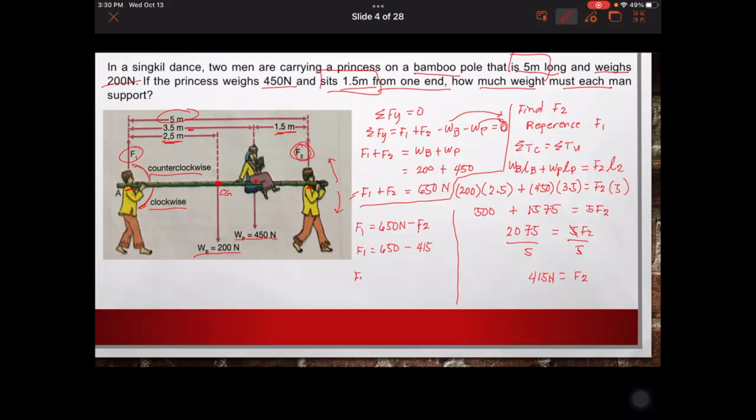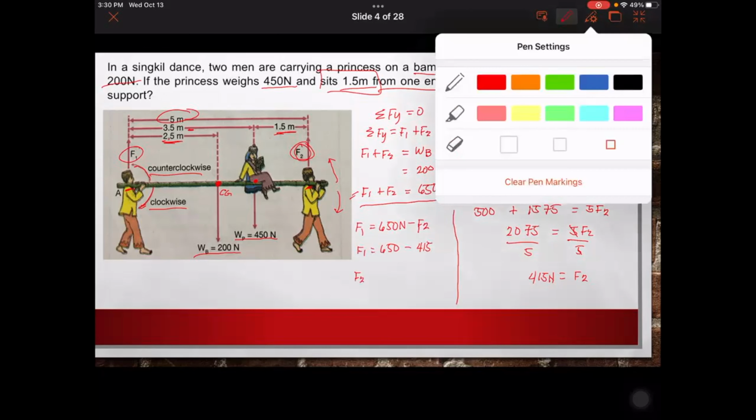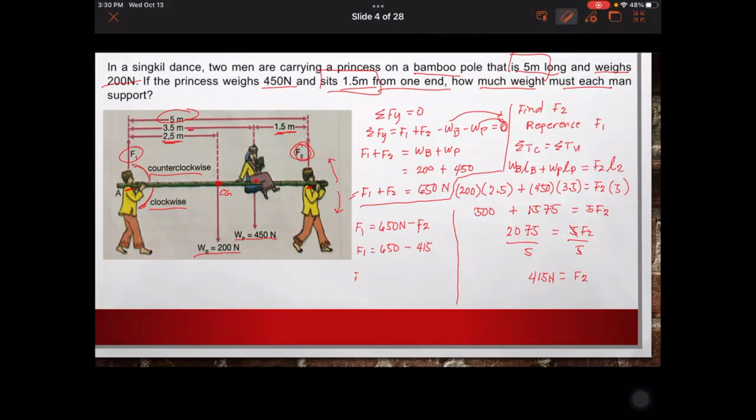So, F1 is equal to 235 Newton. So, 650 minus 415, this will be 235 Newtons. So, yun po yung support ni F1.